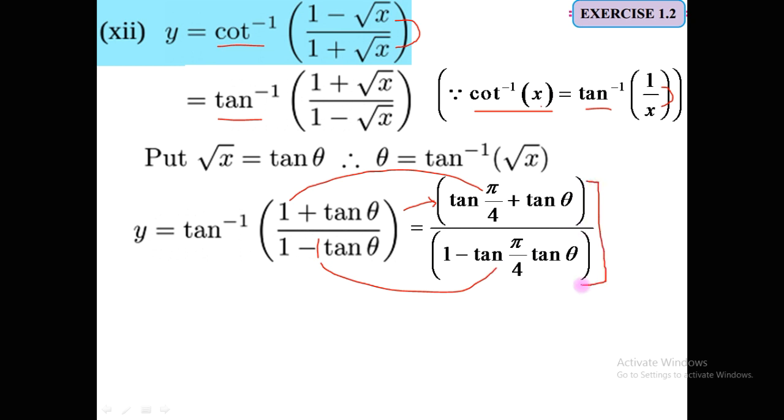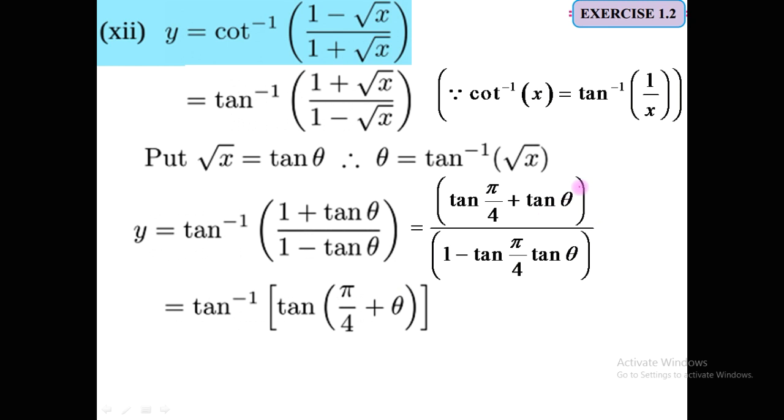Now this whole thing comes in the form of tan of A plus tan of B upon 1 minus tan A into tan B, which is the formula for tan of A plus B. So as this is the formula for tan of A plus B, I am going to write A as pi by 4 and B as theta. So tan inverse of tan of pi by 4 plus theta. So cancelling out these terms, all I get is pi by 4 plus theta.